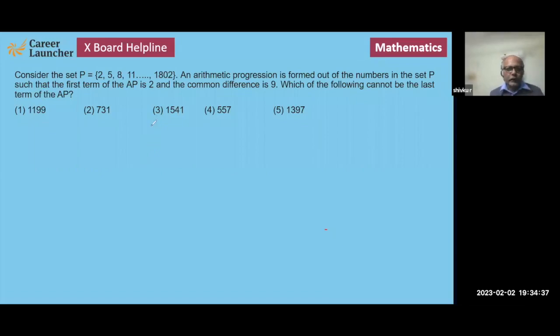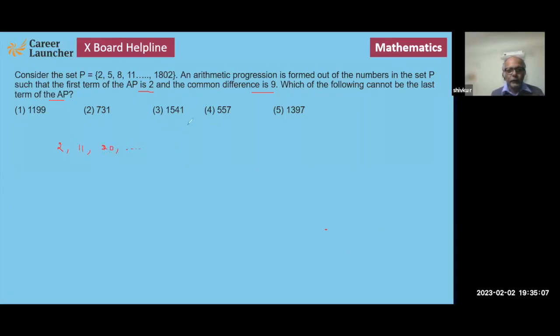And the common difference is 9, right? Which of the following cannot be the last term of the AP? Now let's look at what we have here. Arithmetic progression is formed, right? Okay, now the tab is okay. So which of the following cannot be the last term of the AP? That is what we want to find. So what does this mean about the terms? It means these numbers are such that the progression starts at 2, after that 11 will come, after that 20 will come, right?